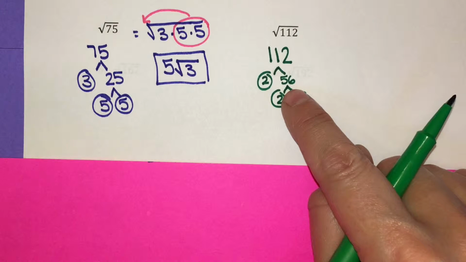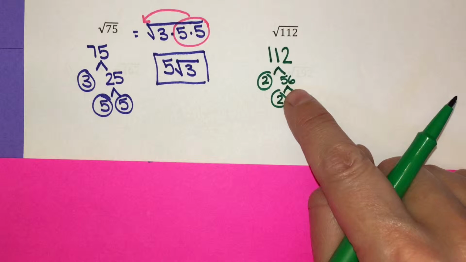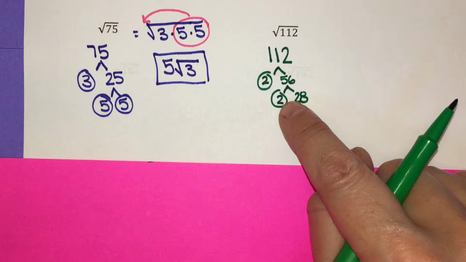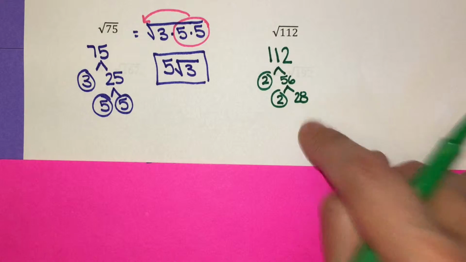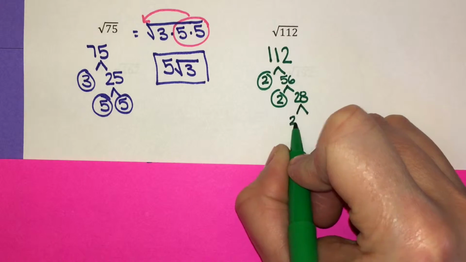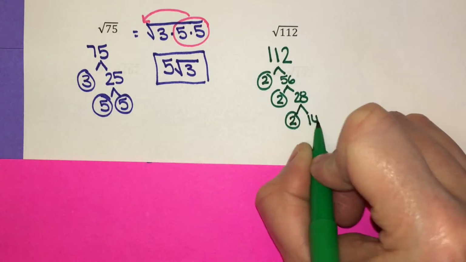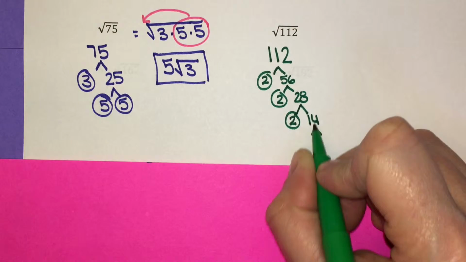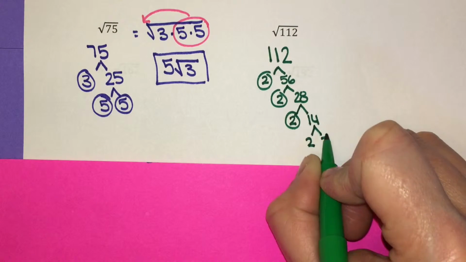You know it's even, so you can divide by 2 and you'll get 28. Then hopefully you can see 28 can be divided by 2. So 2 times 14 is 28. And to get 14, we get 2 times 7.